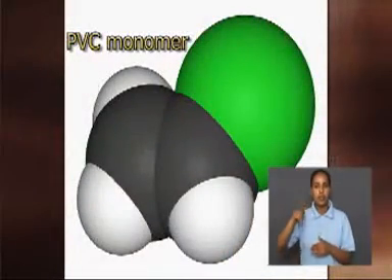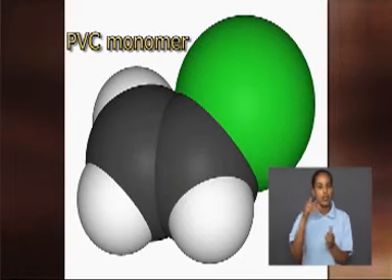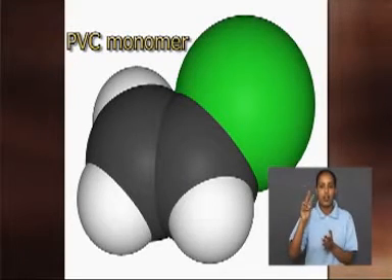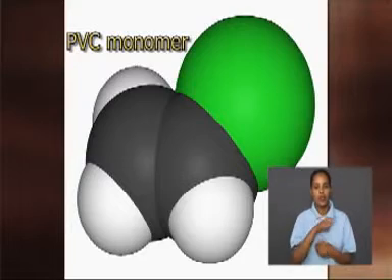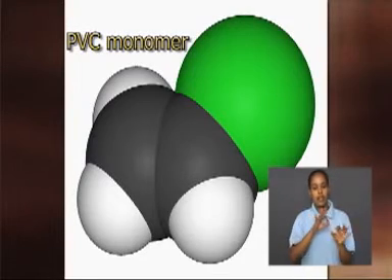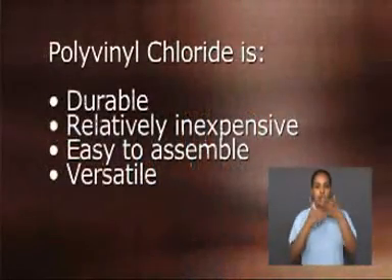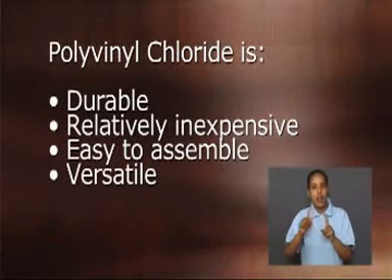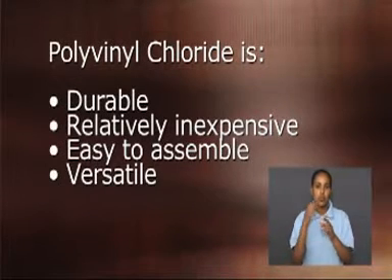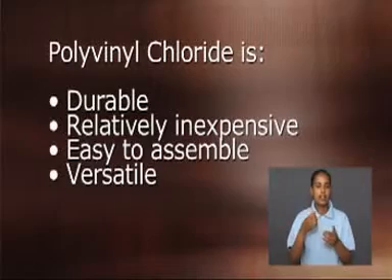PVC is constructed from repeating vinyl groups called ethenols, which have one of their hydrogen atoms replaced by a chloride group. PVC is commonly used in construction. This is because it is very durable, relatively inexpensive to produce, and easy to assemble.